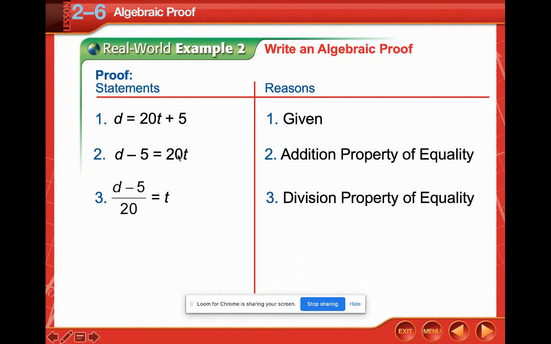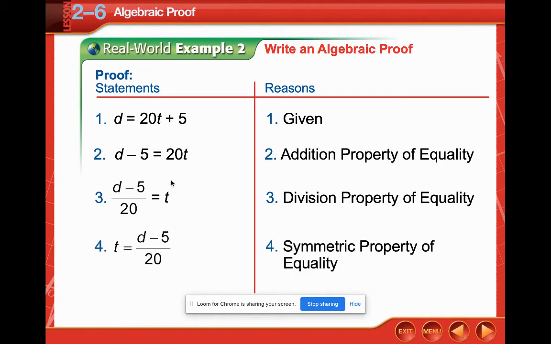That gets rid of this 20, and that gives this 20 over here, and voila. You just flip it using the symmetric property, because remember, A equals B and B equals A. Yeah, you can just flip-flop anything over an equal sign, all right? So t equals d minus 5 over 20. All right?